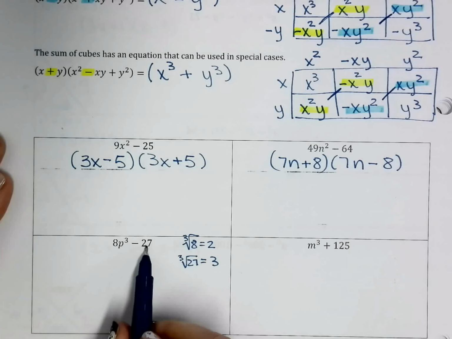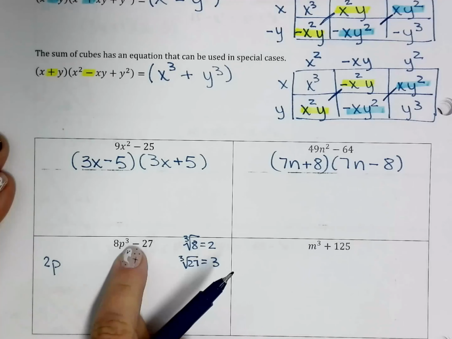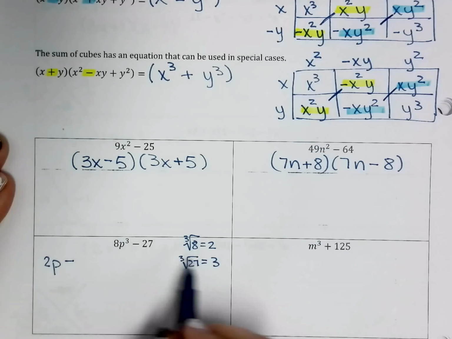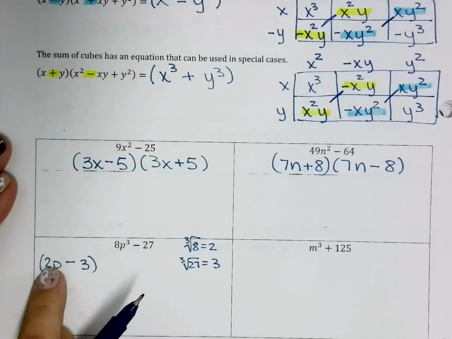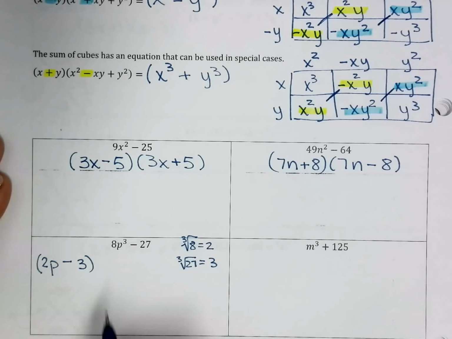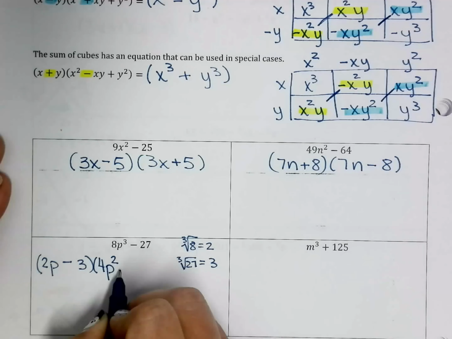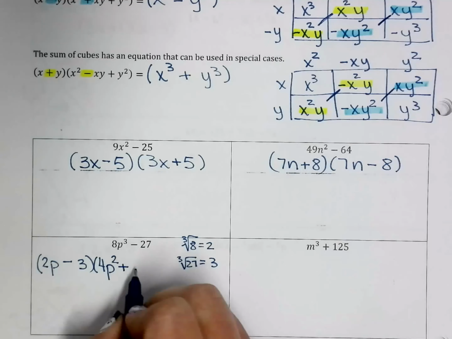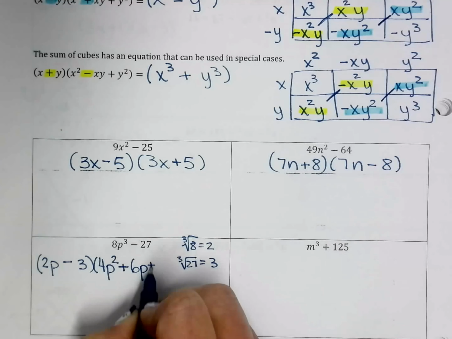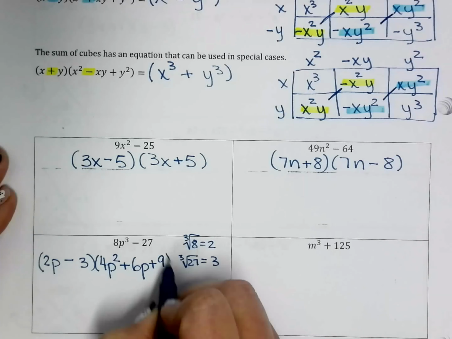So cube root, so 2p, minus cube root of 27 is 3. Now you're going to square the first term, so that's 4p squared, plus multiply both terms, that's 6p, plus you square the second term, 9.